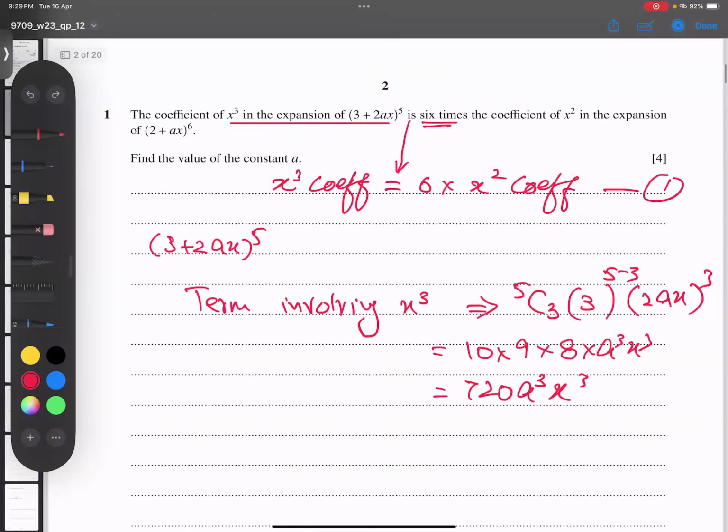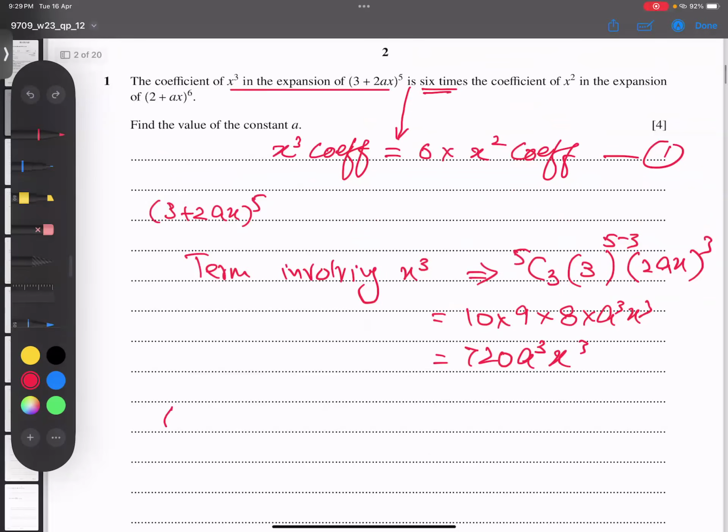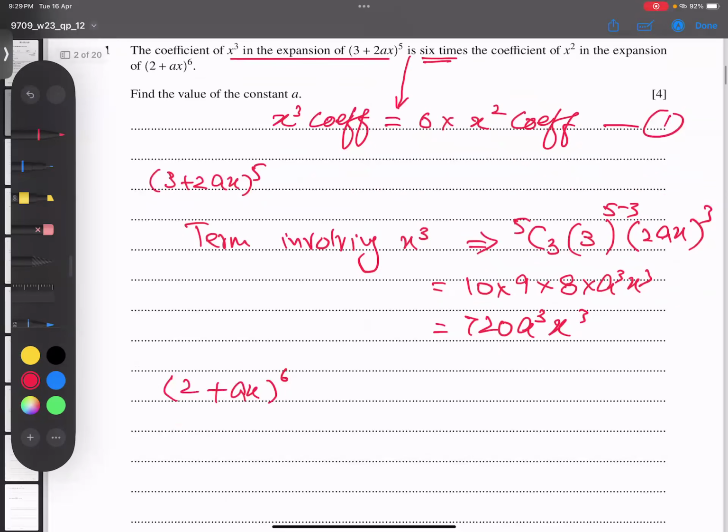Now I'm going for the other part. Let's talk about the x square coefficient. Again, I will not waste your time. You can directly write the term involving x to the power 2.